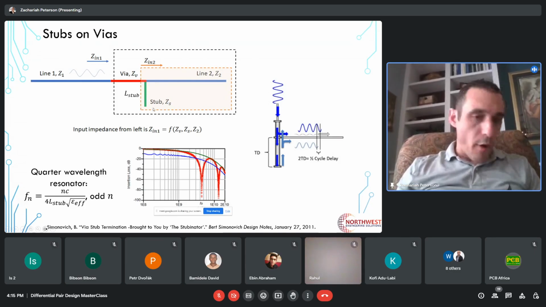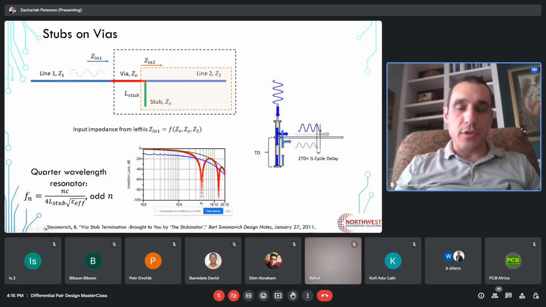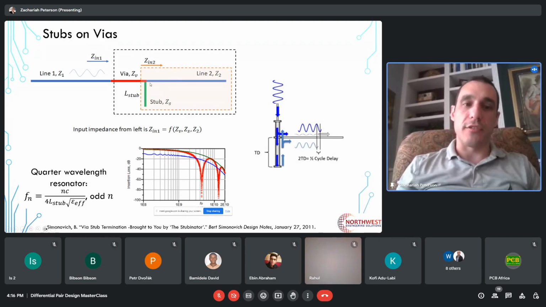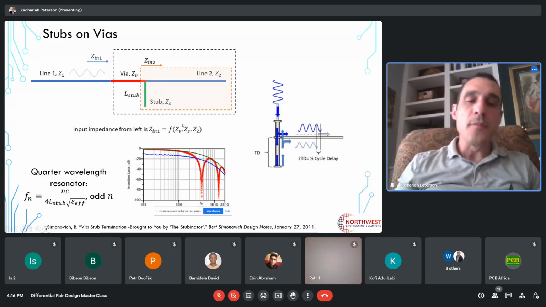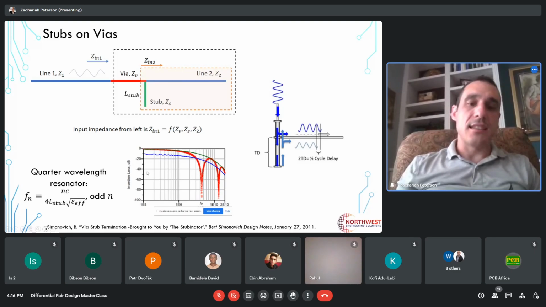What is a partially open quarter wavelength resonator? Well, partially open quarter wavelength resonator basically means that at certain frequencies corresponding to 4x this length, so a frequency where the wavelength corresponds to 4x the length of this stub, at odd multiples of that frequency, you will start to see dips or strong losses in the insertion loss spectrum.